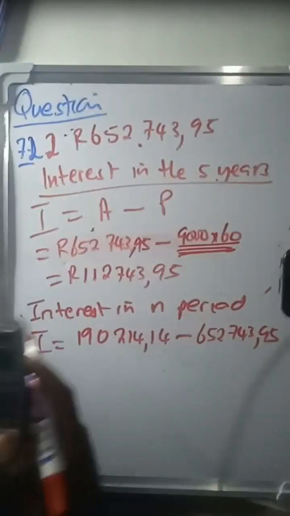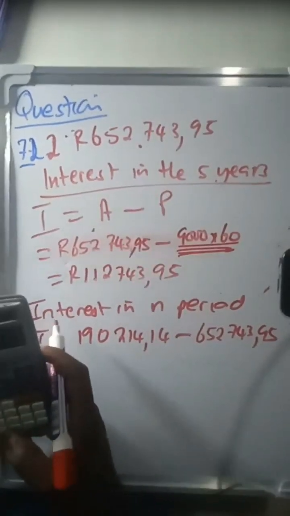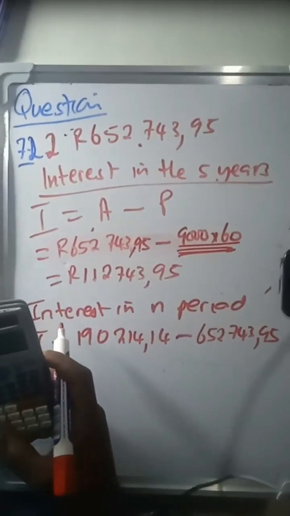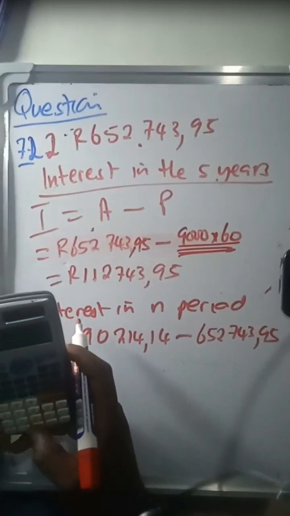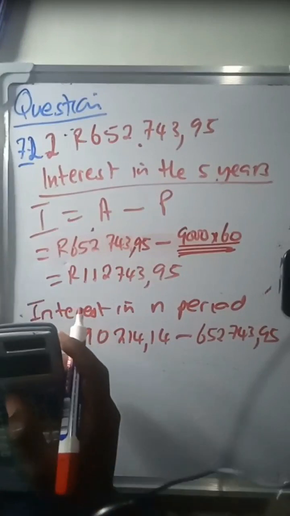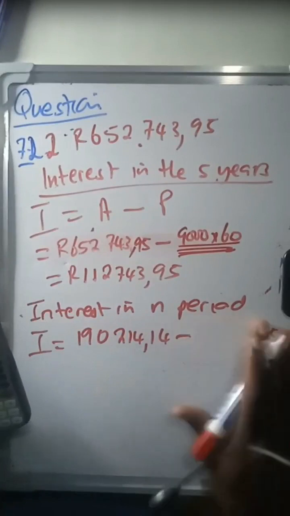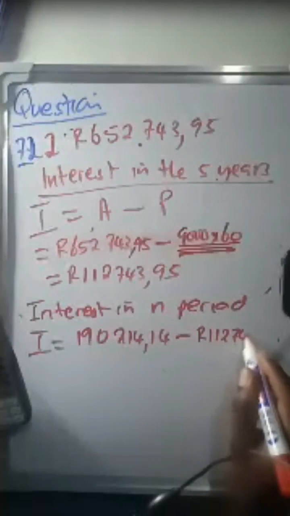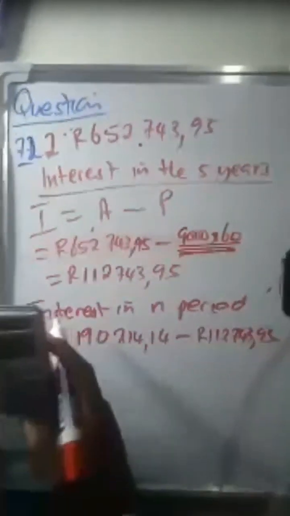Then we subtract: 190,214.14 minus 112,743.95. Sorry about this one.